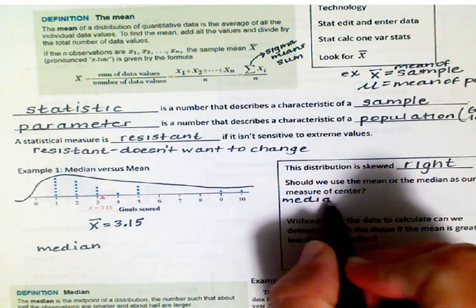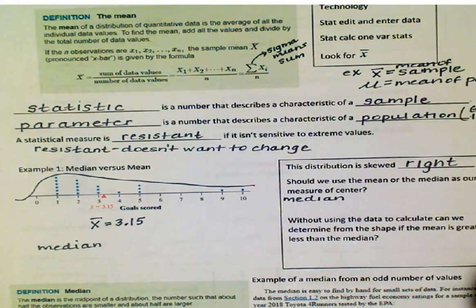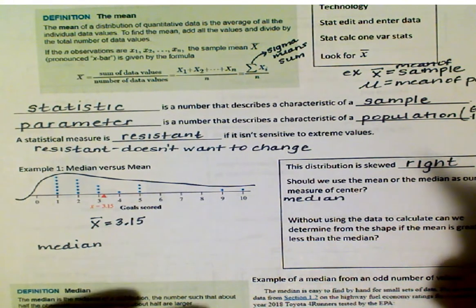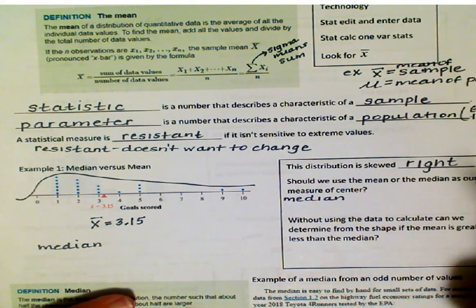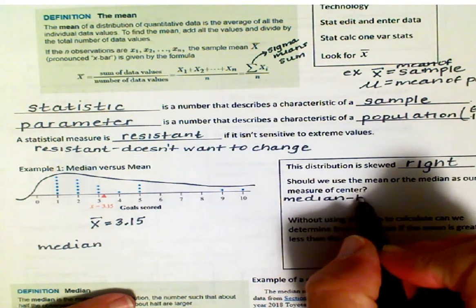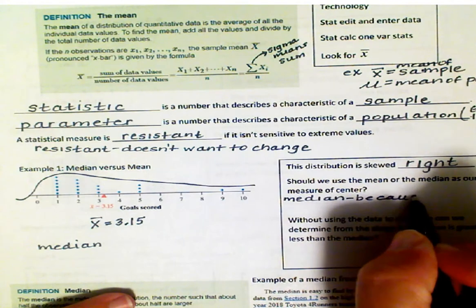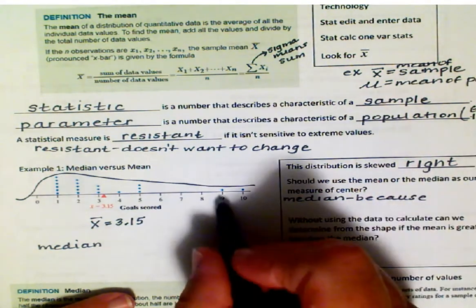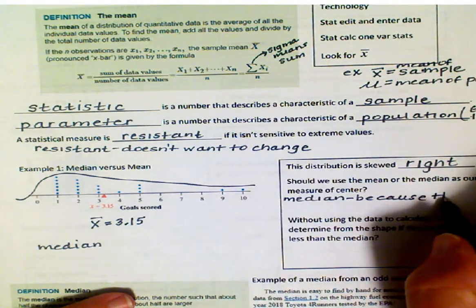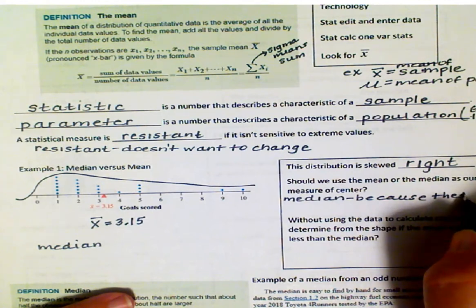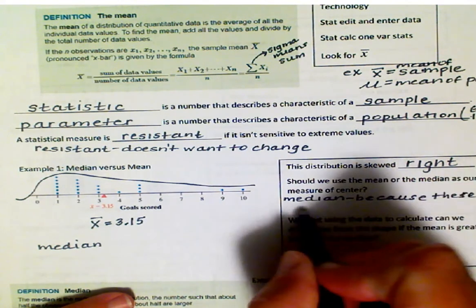If you're describing a distribution and they ask for the best measure of center, you've got to decide. On this one, you should use the median because there are outliers. These values up here are outliers.